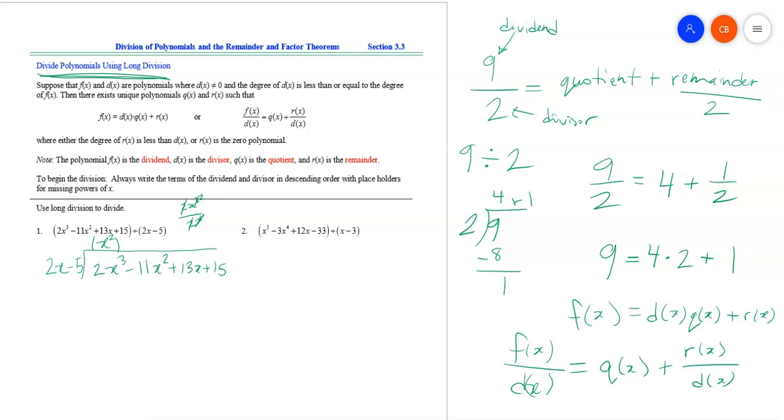But what we need to do now is multiply the same way we would do with long division with numbers. We need to multiply this element by what we have as the divisor over here. So we're going to go x squared times both of these terms. So x squared times 2x is 2x cubed. See how they both go 2x cubed?